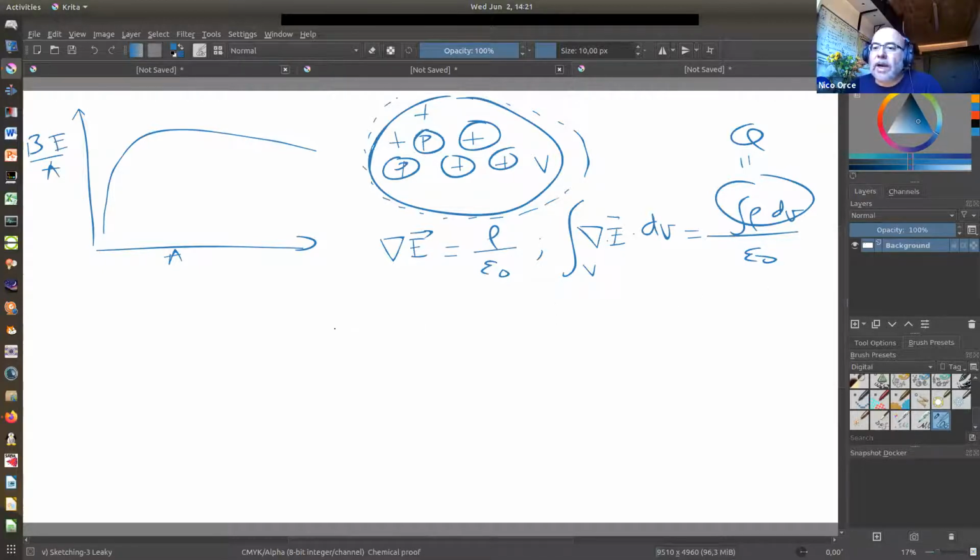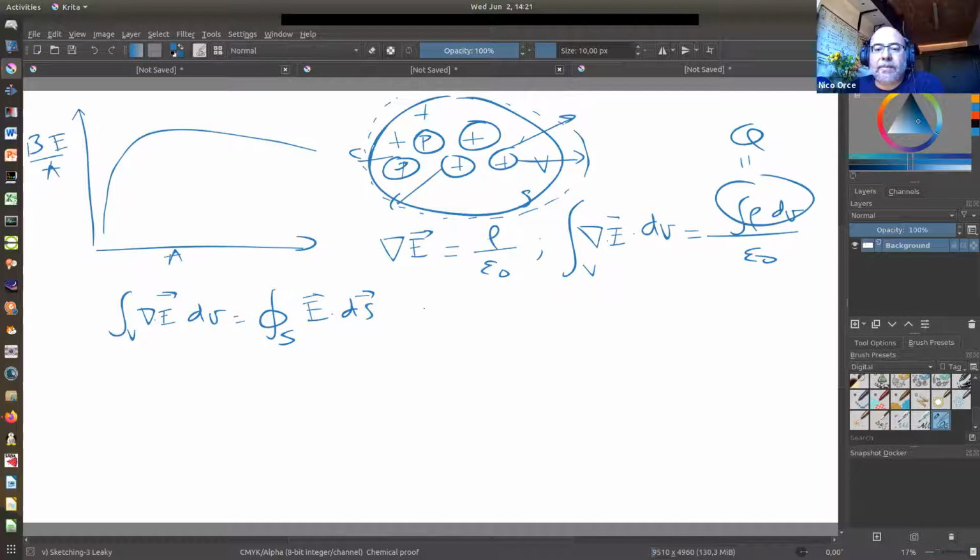And then we have that Maxwell equation give us this, but then Gauss theorem tell us that the integral of the divergence of E dV is equal to the closed loop of this dS, where dS is now the surface, is the flux of the electric field going through that surface that we have defined.